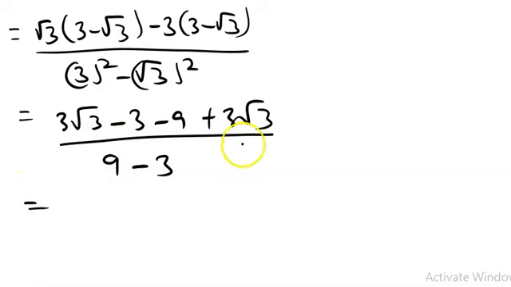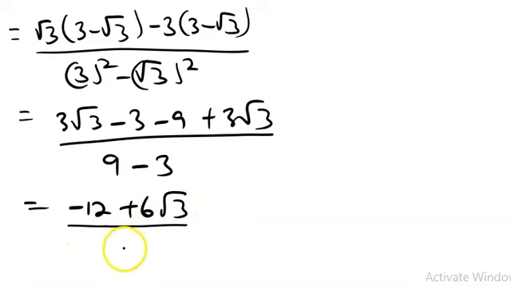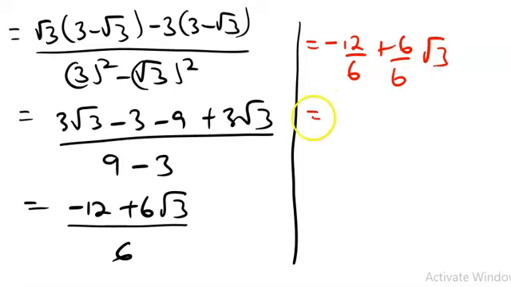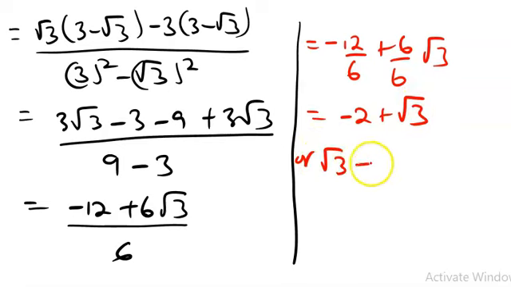So we have minus 12 plus 6 root 3 all over 6. So we can rewrite it as minus 12 over 6 plus 6 over 6 root 3. And this is minus 2 plus 6 over 6, which is 1, root 3. Or you can say root 3 minus 2. Okay, so that is the answer.